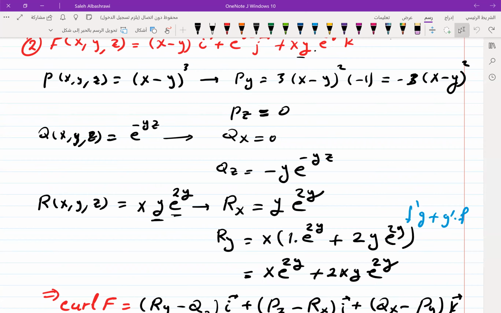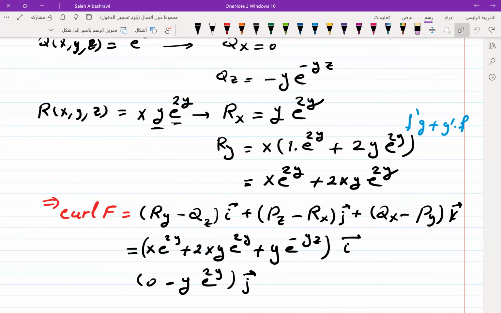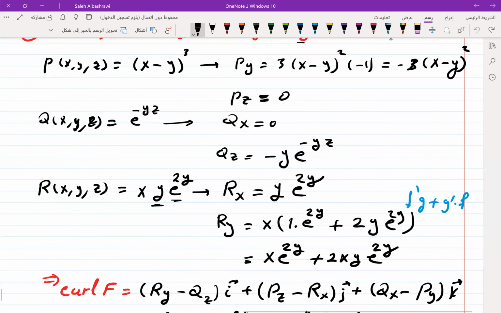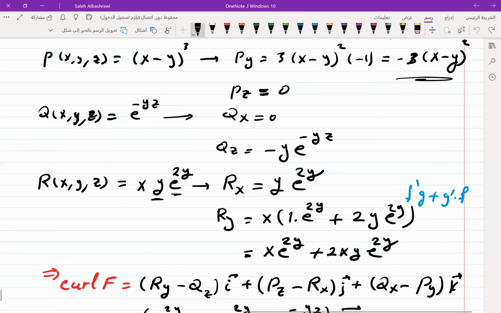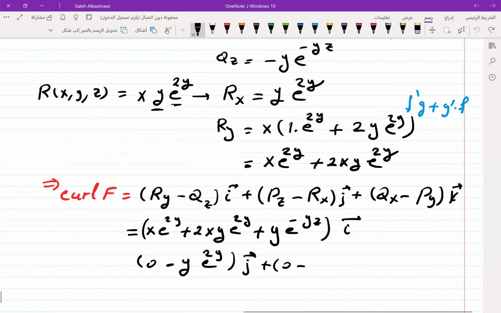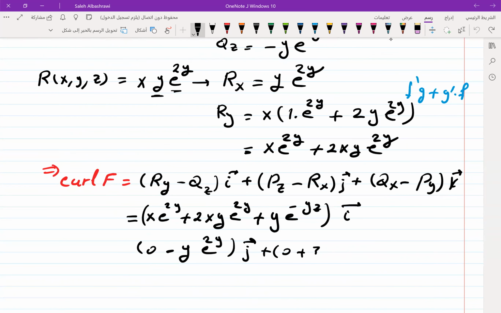Q sub x equal to 0 minus p sub y, which is this one, minus with minus will be plus, so this will be plus 3x minus y to power 2 k. So this is the curl for this function.